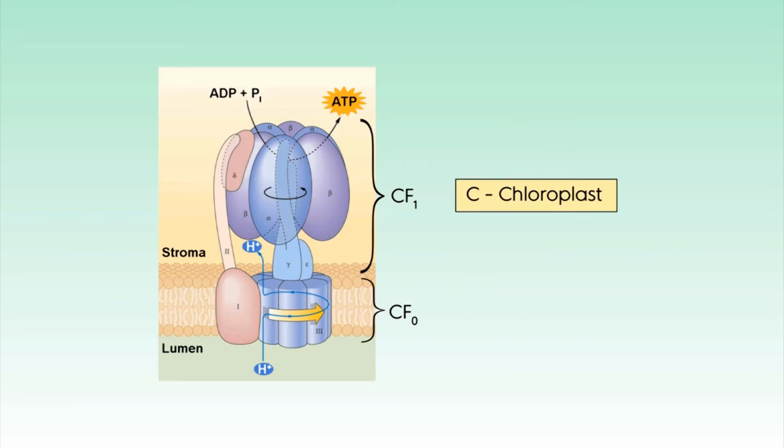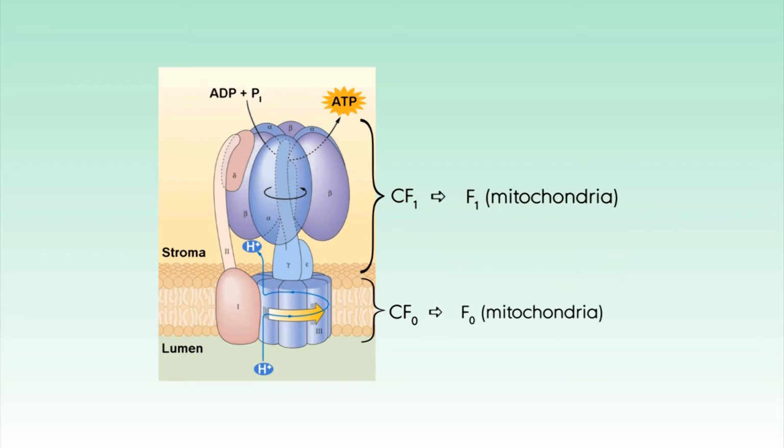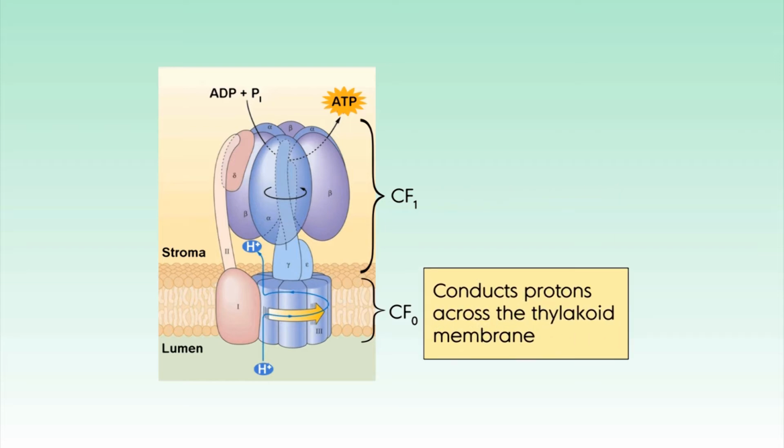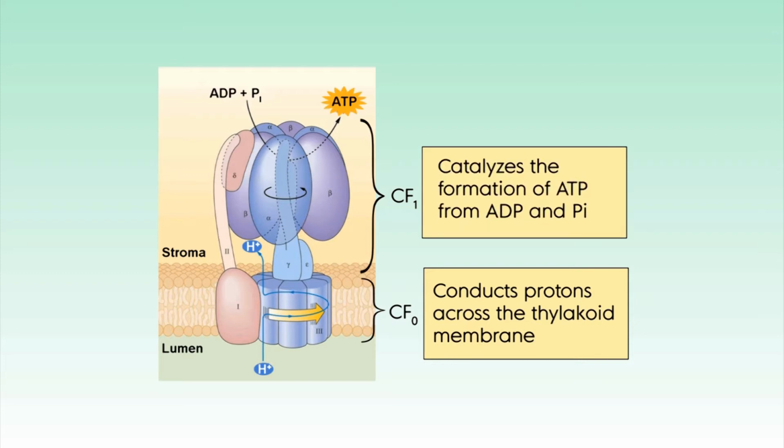C stands for chloroplasts and F for factor. CF1-CF0 ATP synthase closely resembles the F1-F0 complex of mitochondria. CF0 conducts protons across the thylakoid membrane, whereas CF1 catalyzes the formation of ATP from ADP and inorganic phosphate.